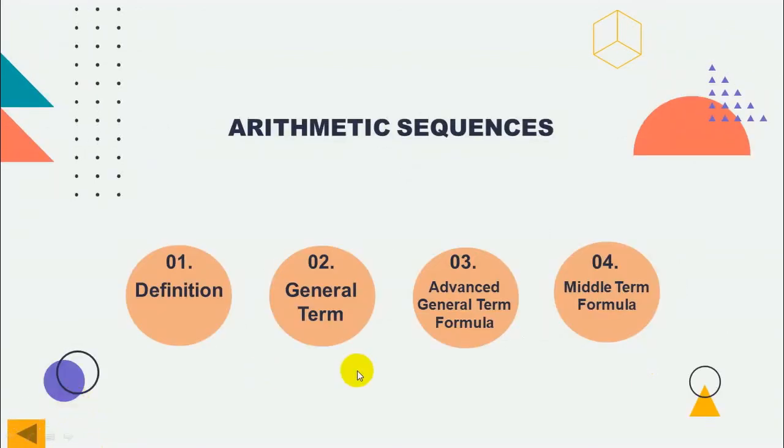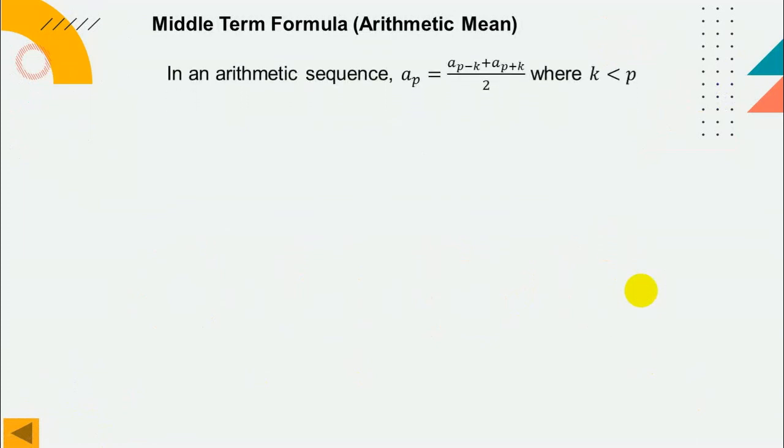Now we will talk about the middle terms formula. The middle terms formula is famously known as the arithmetic mean. In an arithmetic sequence you can use the pth term is equal to the (p minus k)th term plus the (p plus k)th term, over 2, where k is less than p.